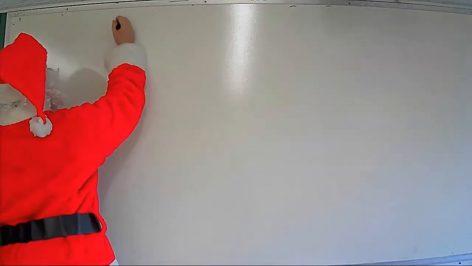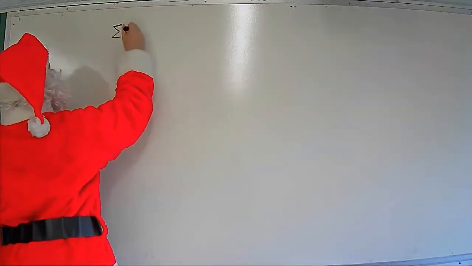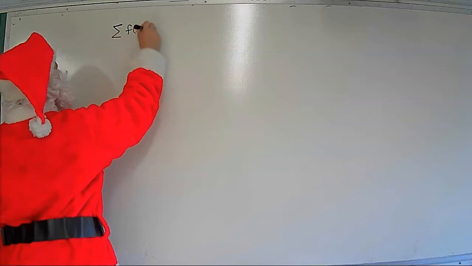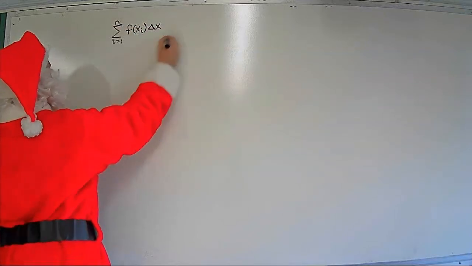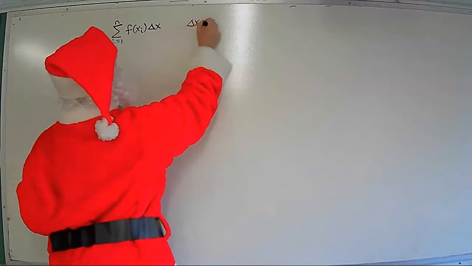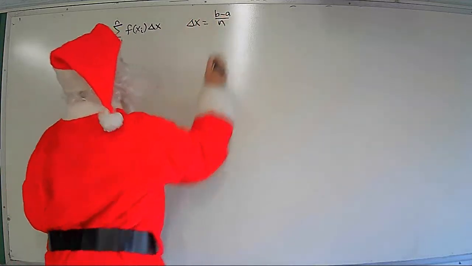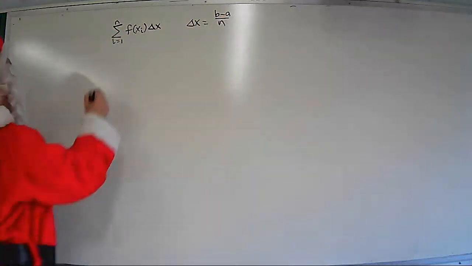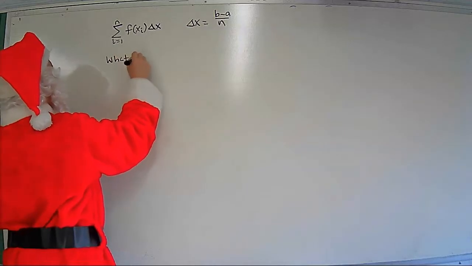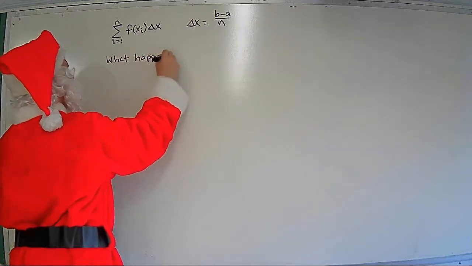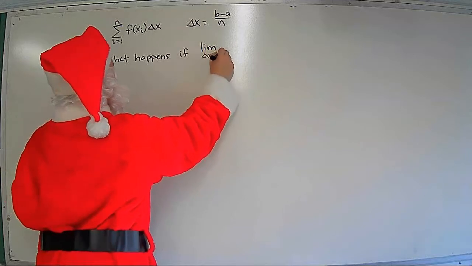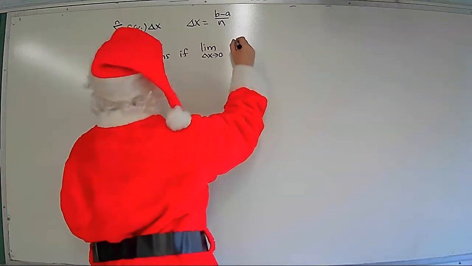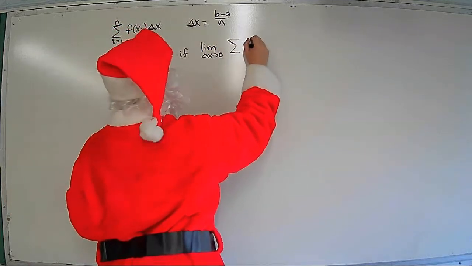And so the question was, we had this statement here, the sum of f of x sub i times delta x from i equals 1 up to n. And you said delta x was b minus a over n, right? So what happens if we take the limit as delta x goes to 0 of this expression?